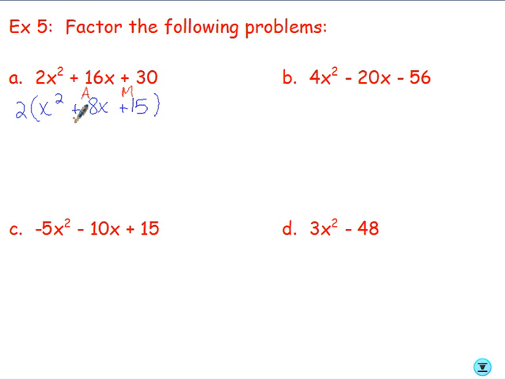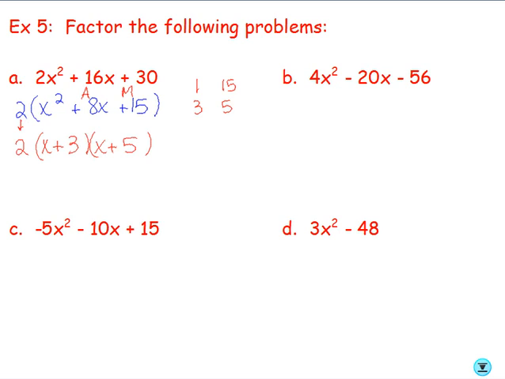Positive here means both positives. The only options for 15 are 1 and 15 and 3 and 5. The pair that adds up to give you 8 were 3 and 5. Bring down your 2.